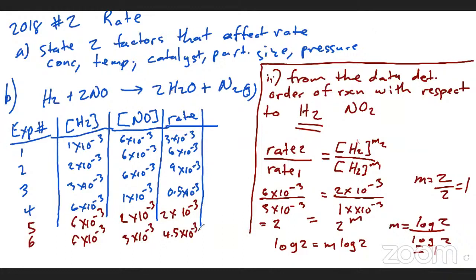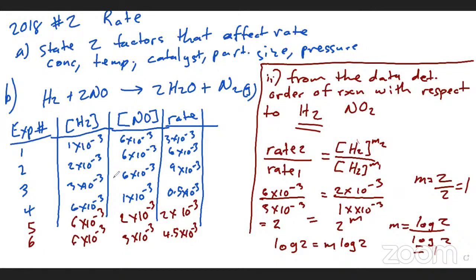All right, so as I was saying, we want to know the order of reaction with respect to NO. So you look for 2 experiments in which you change the concentration of NO. So we could use experiment 3 and 4. However, for those 2 experiments, the concentration of H2 has to be constant.